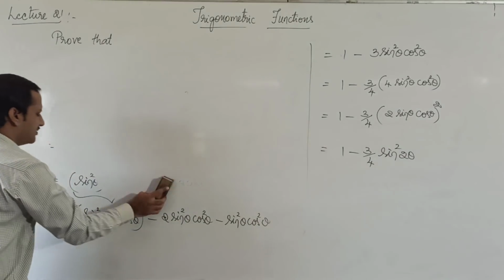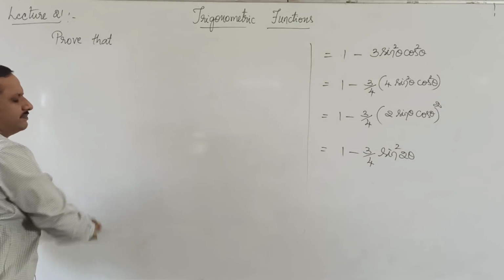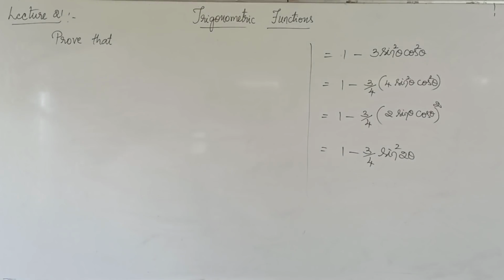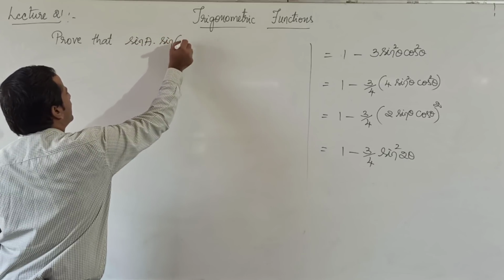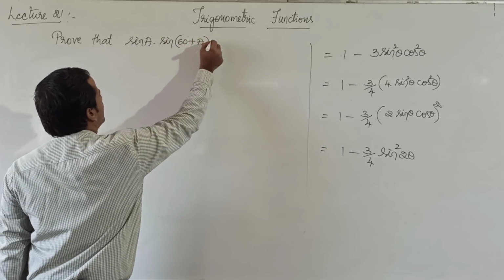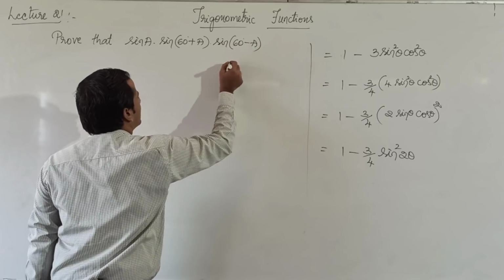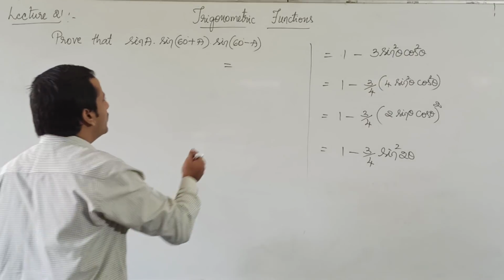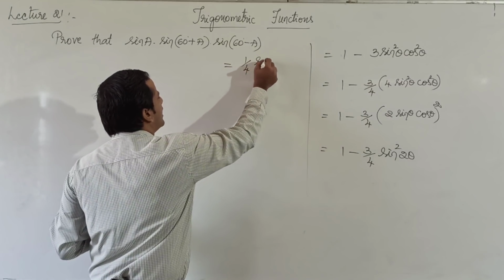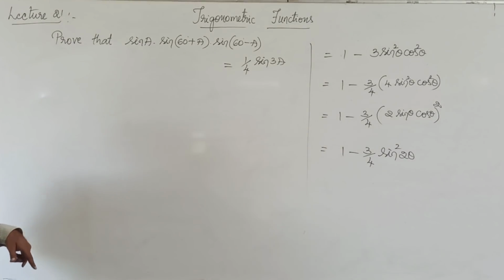Let's have a look at the next question now. Prove that sin A into sin 60 plus A into sin 60 degree minus A is equal to 1 by 4 sin 3A.